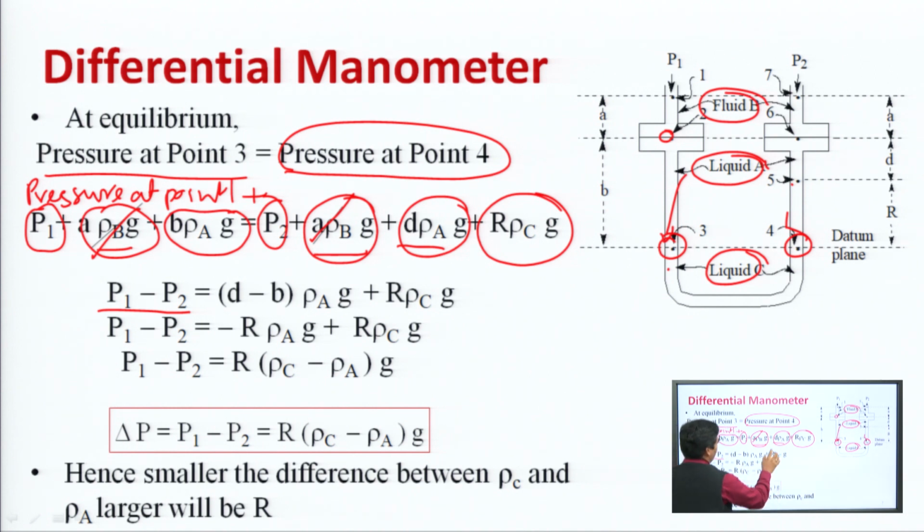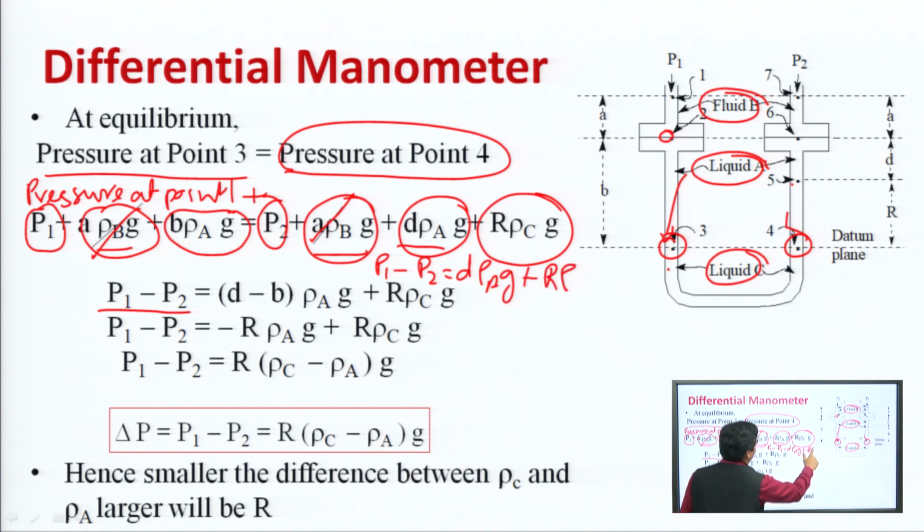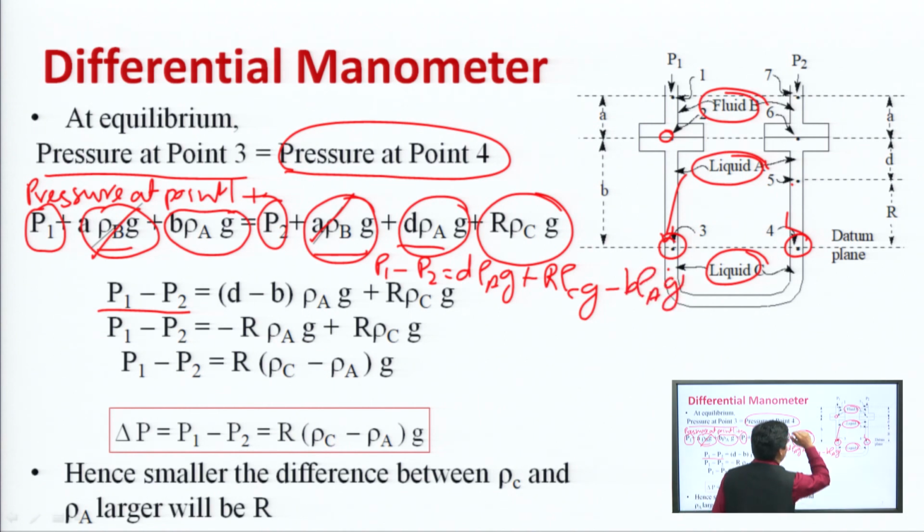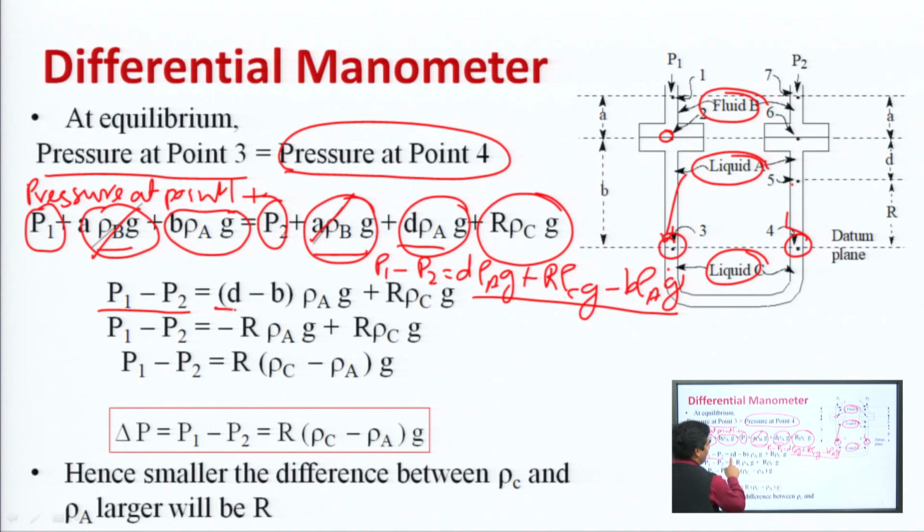So, P1 minus P2 is equal to D rho A g plus R rho C g minus B rho A g. Then after rearranging this, we will get (D minus B) rho A g plus R rho C g.